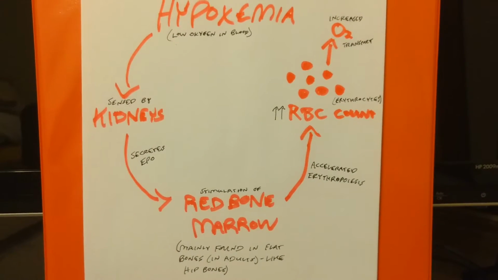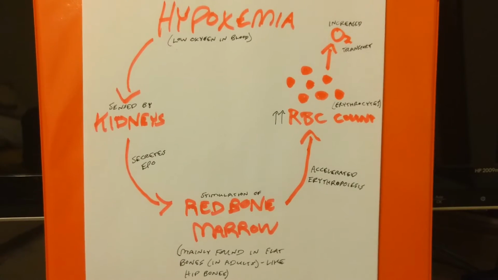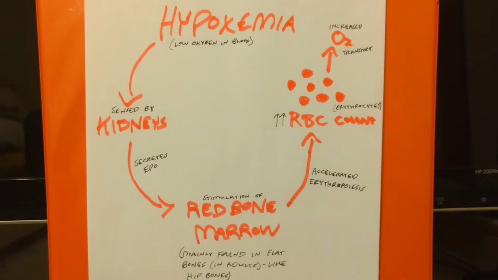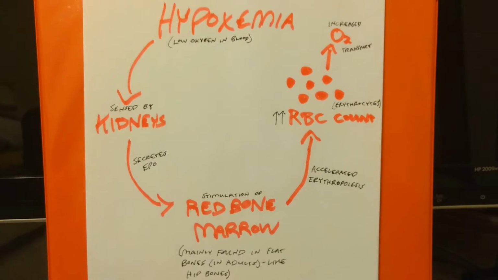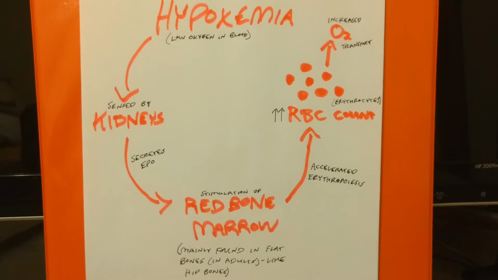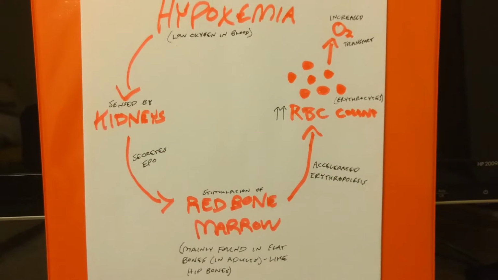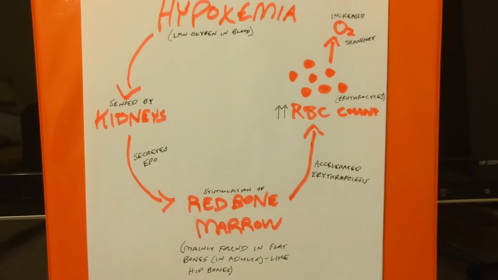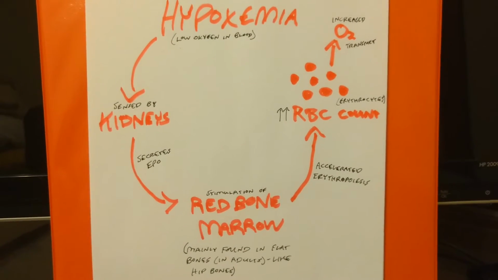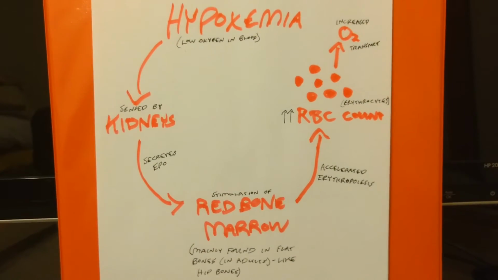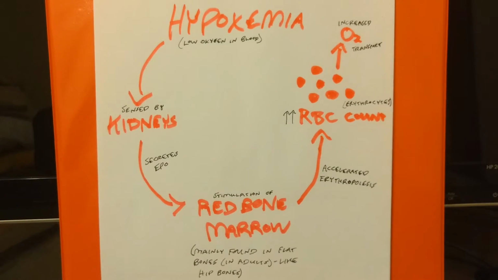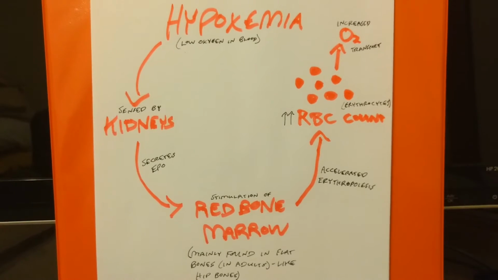Normal RBC production takes about a week for mature RBCs. So this is a sped up process because obviously it's an urgent situation, the hypoxemia. So after a few days, 3 or 4 days, your RBC count will increase.